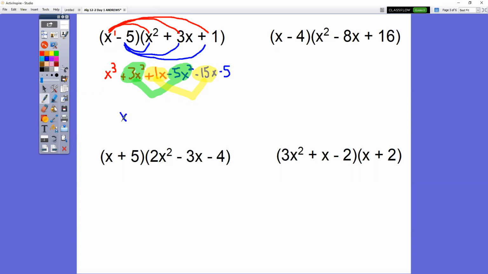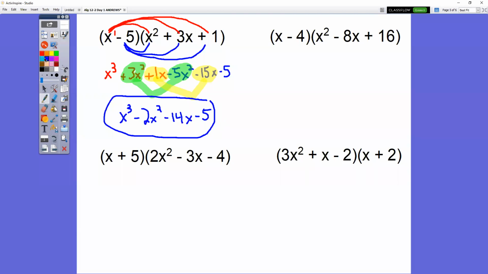So nothing to add together with the x cubed, but when we add together the green x squareds here, we have a 3x squared and a -5x squared. 3 plus -5 is -2x squared. 1x and -15x is -14x. And then we have our lonely -5 at the end. Notice that doing it this way, you have your answer already in standard form.